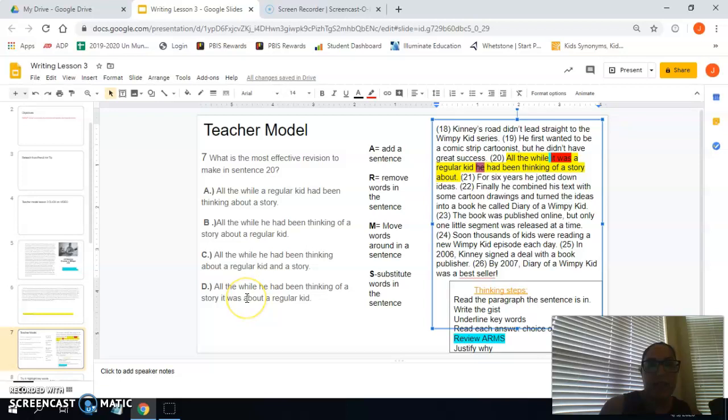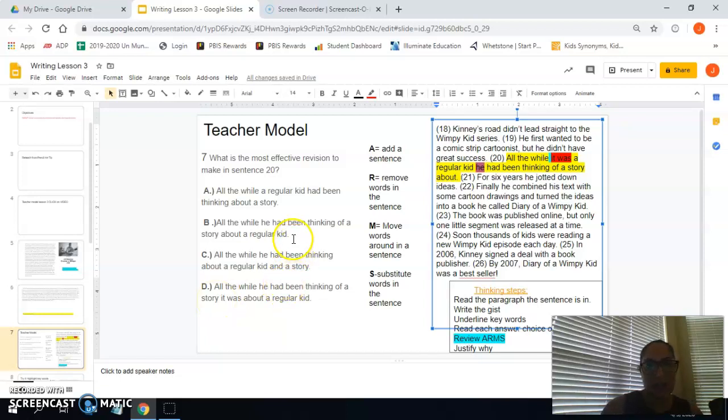And then D: "After a while he had been thinking of a story. It was about a regular kid." Well, here I know that they did add "he," but they didn't remove "it was." So that's why I can't pick this. Also, if I had this, I would have had to put a comma. "It was about a regular kid." So that one's not written correctly.